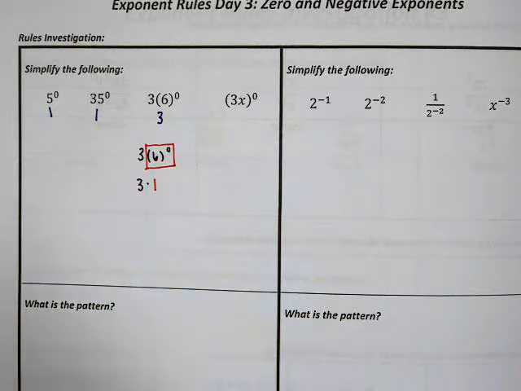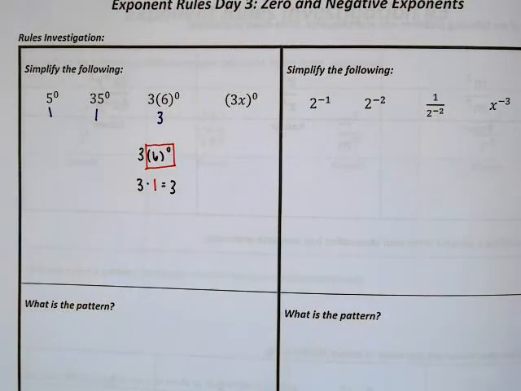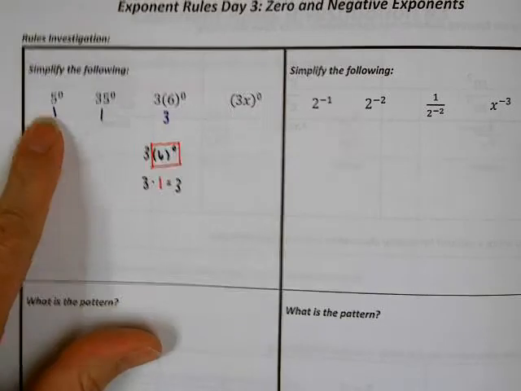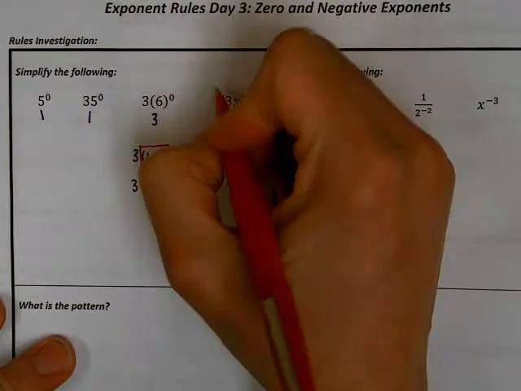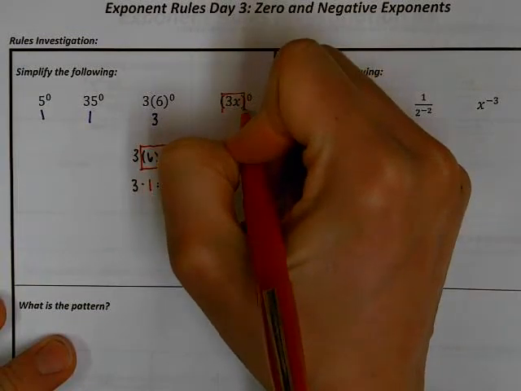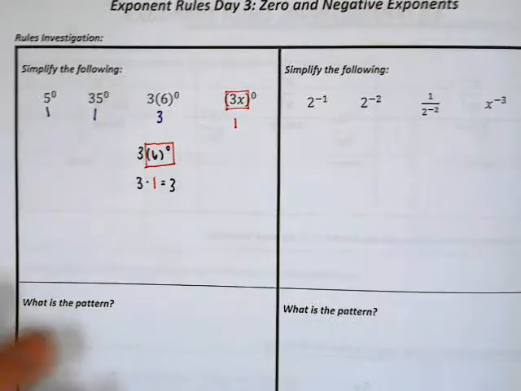And then 3 times 1 is what's giving me 3. So now, if I generalize what we learned, a base to the 0 power gives me 1. Then in this scenario, my base is just 3x. I'm still raising it to the 0 power, so that's going to give me a value of 1.